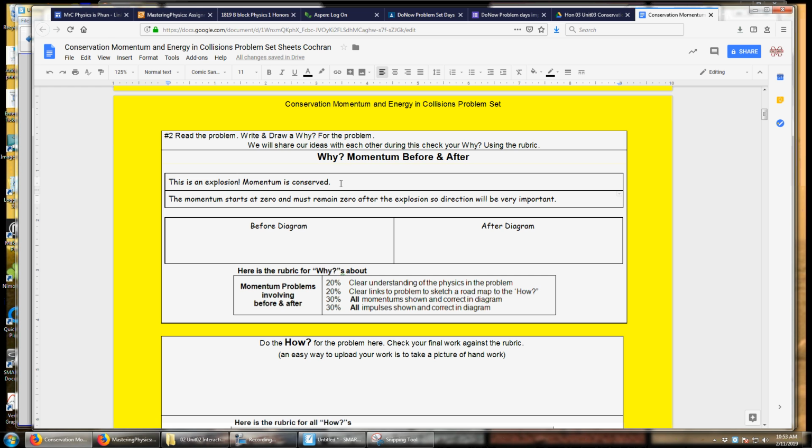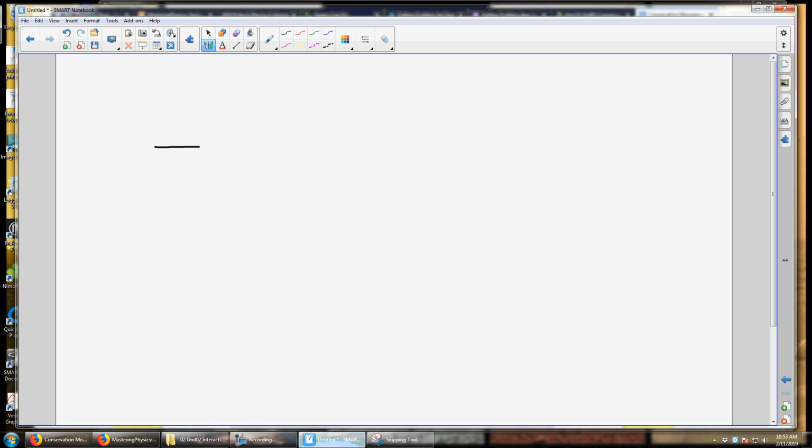So, diagram was ice. Give him some ice skates. The helmet. Afterwards, momentum of the helmet.